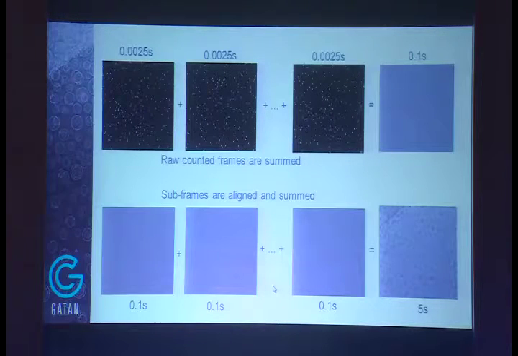All right. So when you're counting, this is what happens. You get one raw frame at 1/400th of a second. You get the next raw frame at 1/400th of a second, and you accumulate a number of these frames to get a subframe.